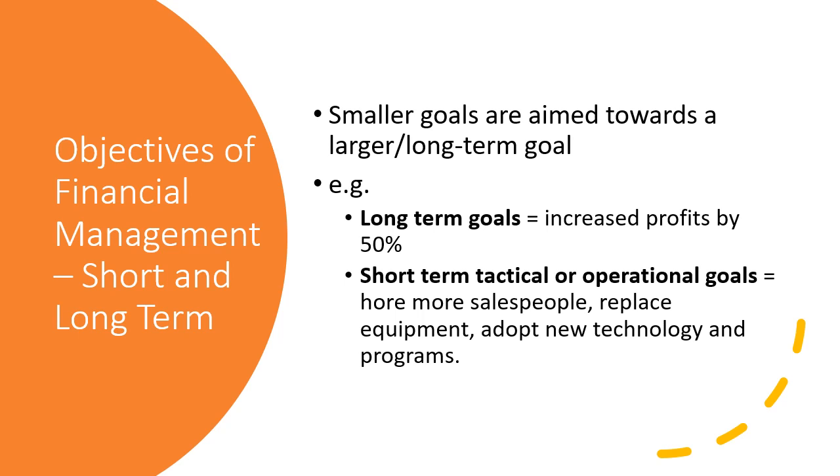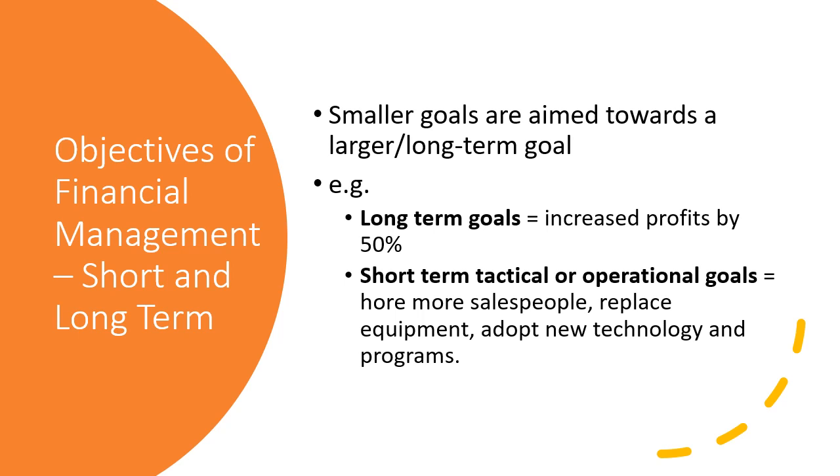Now, when we're looking at these goals, what are some examples of them? When we're looking at long-term goals, it might be to increase your profits by 50%. That's not going to happen in a short-term, tactical or operational goal, but over time, that's where you want to get to. With our short-term tactical or operational goals, this is where you might hire more salespeople, replace equipment, adopt new technology and programs.